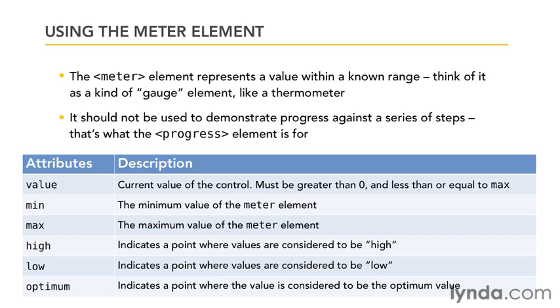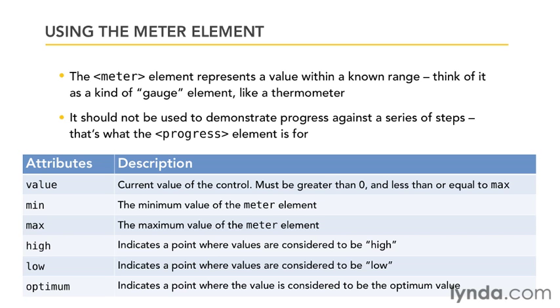The meter element lets you specify these values. And again, the browser can choose how to render these. So if your measurements that you're displaying to the user happen to have ranges which can be indicated as high or low or optimum, you can choose to put these attributes on the meter element. Then they'll be rendered appropriately in the browser.